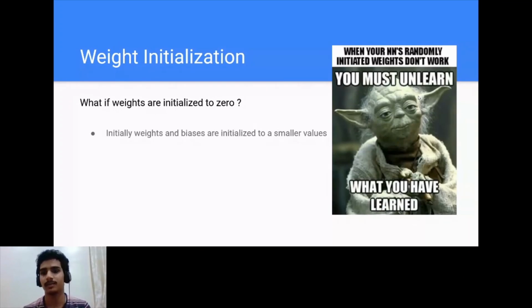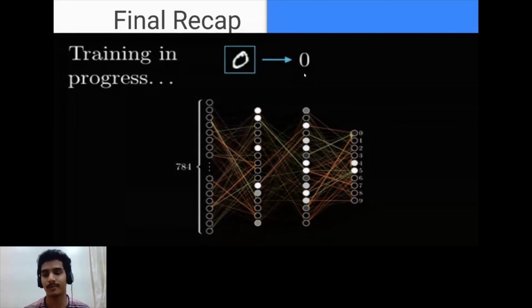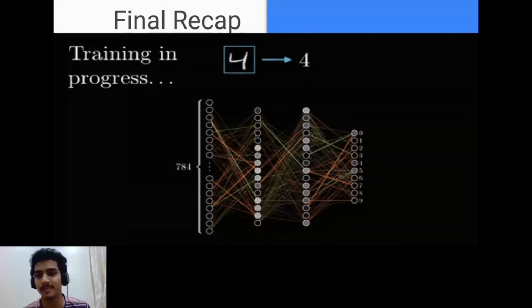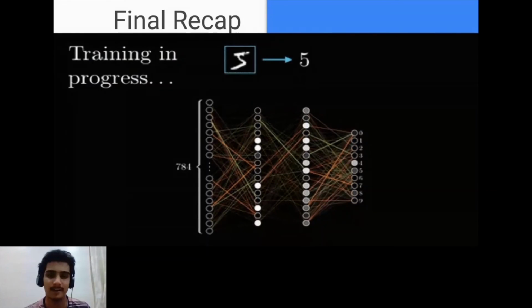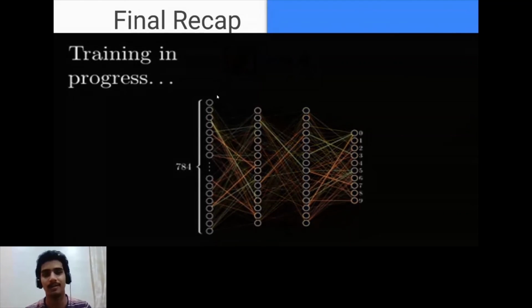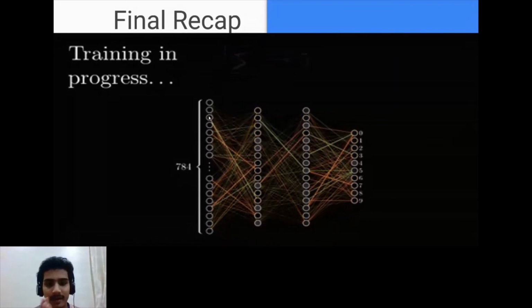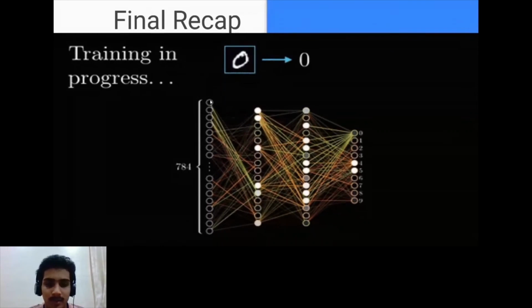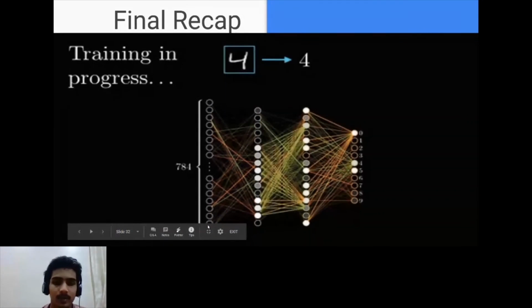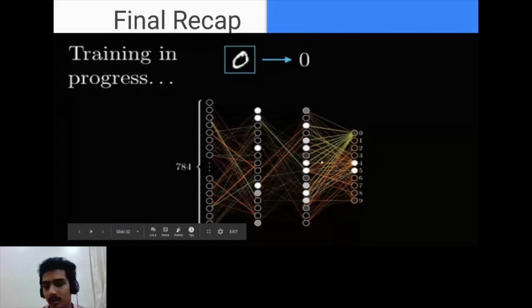Another thing, especially when your neural network's randomly initiated weights don't work, we will have to unlearn what we have learned. Kind of PJ, but it's good if you have really understood up till now. So let's get a final big recap of what we have learned up till now. First, consider this as our neural network. Don't go on the number 784.